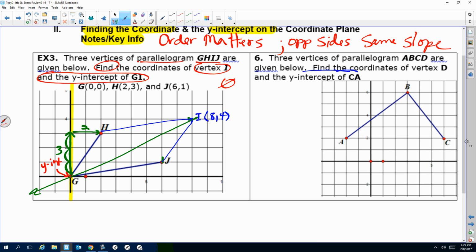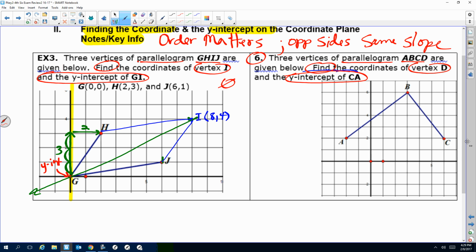So on 6, which is our test-like question, we want to find the coordinates of the vertex D and the y-intercept. They tell us that we have a parallelogram ABCD, find vertex D and the y-intercept of CA.